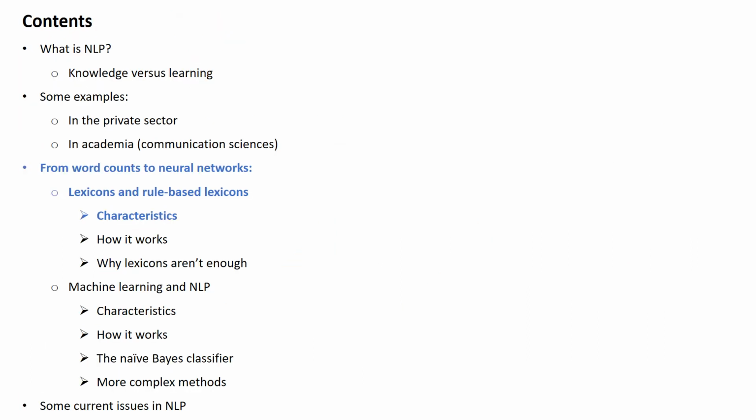Now let's take a look at how NLP actually works. We start with the most straightforward approach of NLP, which is lexicons and rule-based lexicons. When we talk about lexicons, we basically refer to dictionaries as defined by humans.